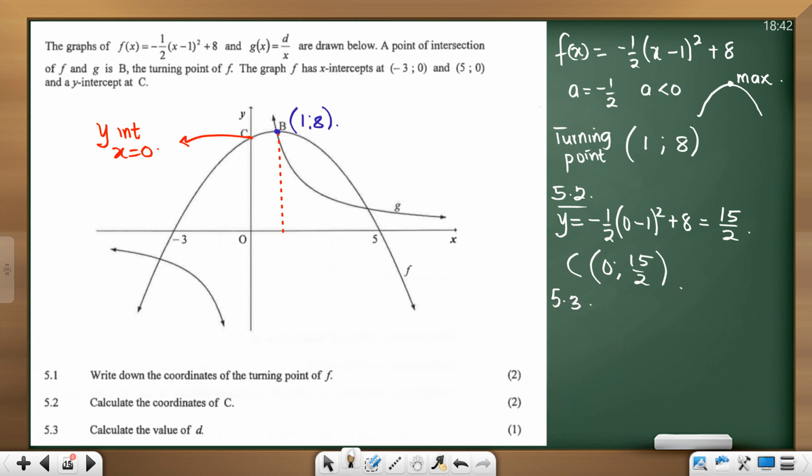The graph is too simple for me. Y equals to D X. What is my y value at point B? Y value at point B.